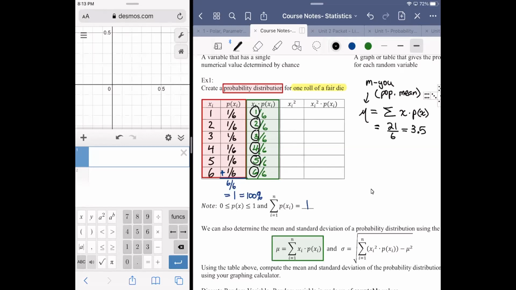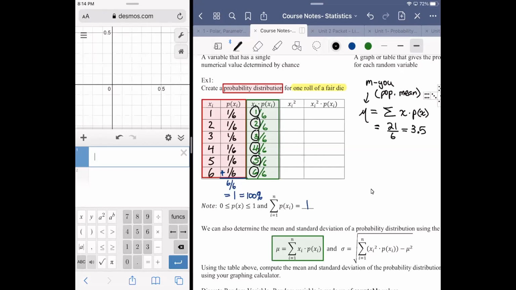It's not an overly meaningful outcome from an ordinary perspective, because you look at it and say, well, how do you get a 3.5 when you roll a die? They're discrete. You can only get 1, 2, 3, 4, 5, or 6.